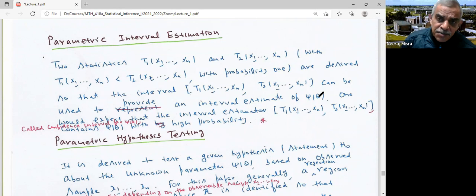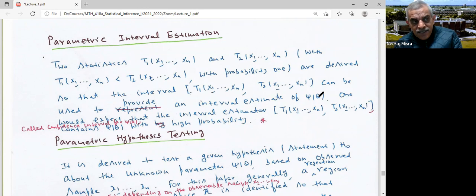Now, if its length is smaller, what does that say? It says that I have information that theta lies in some smaller interval with very high probability. So if I can claim that theta lies in a smaller interval, that means I have more information about theta.